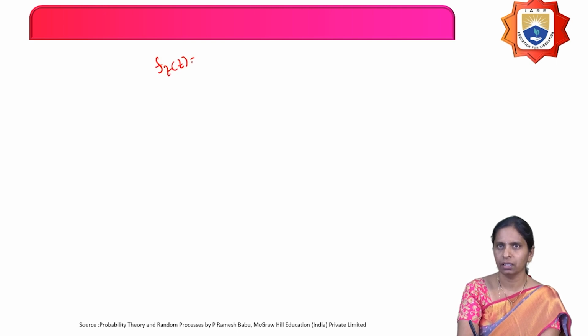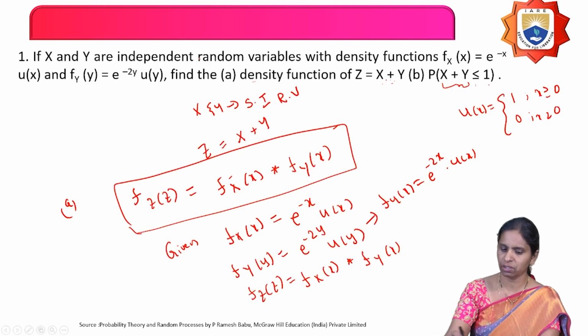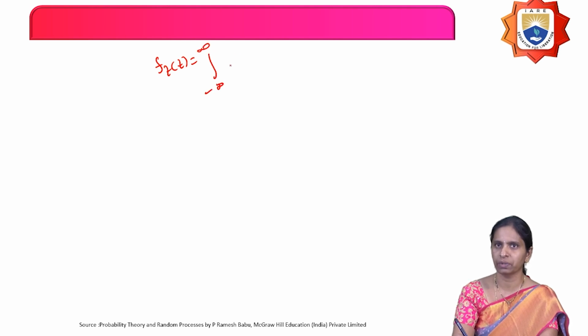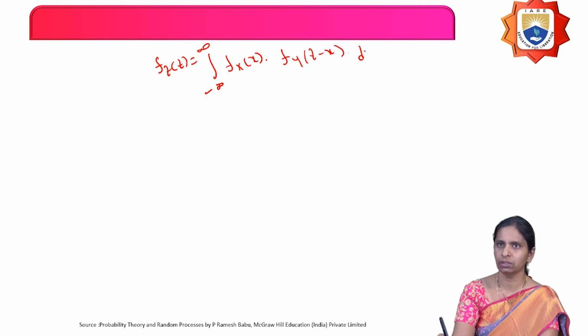If you observe, the given density functions are for continuous random variables. So here u(x) and u(y) are continuous, therefore X and Y are continuous-time signals. For continuous-time signals, the convolution formula is the integral from minus infinity to infinity of fX(x) into fY(z minus x) dx.